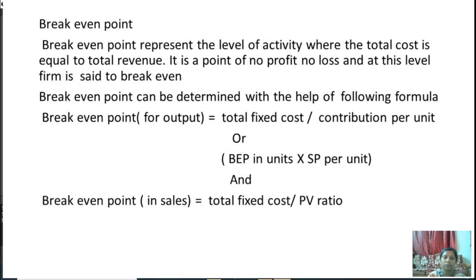Next, now we learn about break-even point. First, the meaning: break-even point represents the level of activity where the total cost is equal to total revenue. It is a point of no profit, no loss.